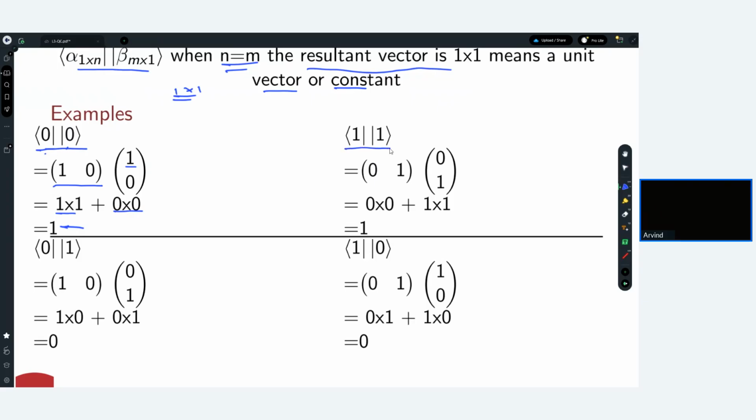In the second example, we are taking bra1 and ket1. In bra1, the 1 is present at the 1st position, which is a row vector, and ket1 is the column vector. If we take the multiplication of these two, we will get 0 cross 0 plus 1 cross 1, or 1.